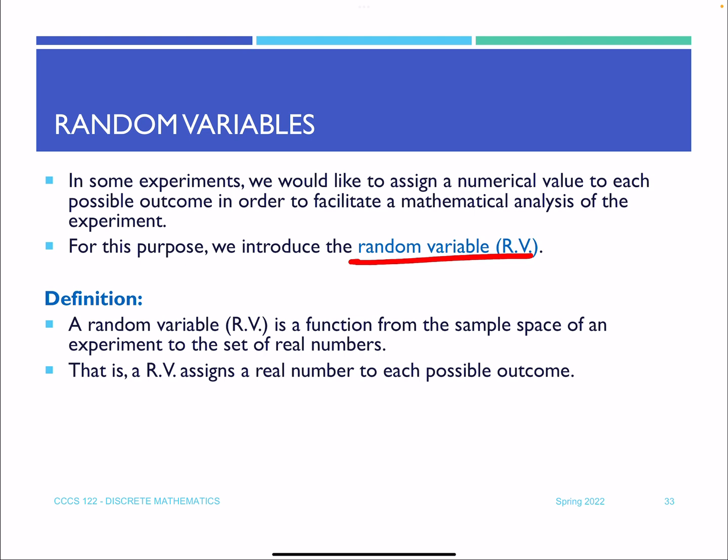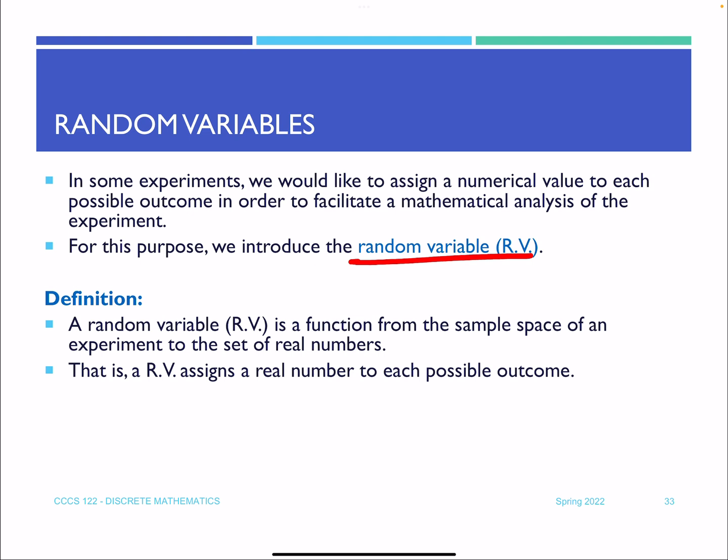And sometimes, like I said, that mapping is so tight in some experiments, like when we talk about the roll of a die, the outcomes themselves are already numbers. Although the random variable that you define could map any of those outcomes to any numbers if it makes sense to the problem that you're solving.